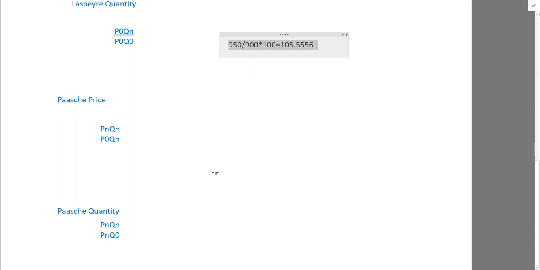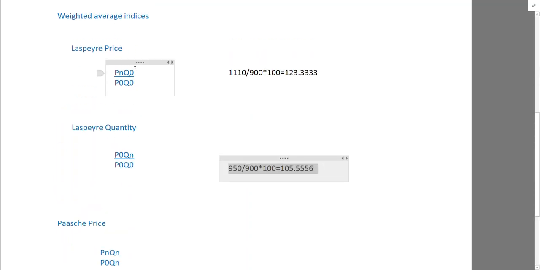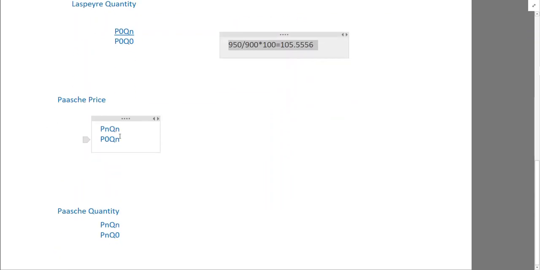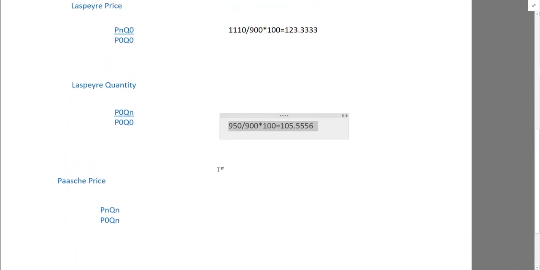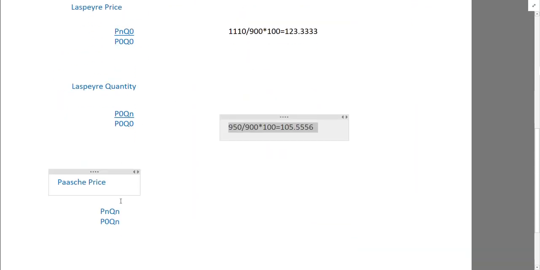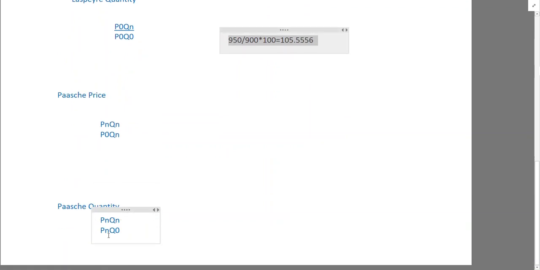We do the same thing in Paasche, but in Laspeyres we took the base quantity and base price, but in Paasche we take the latest quantity and latest price. So we are looking at the change in price in relation to the latest quantity. We are looking at the change in quantity in relation to the latest price.